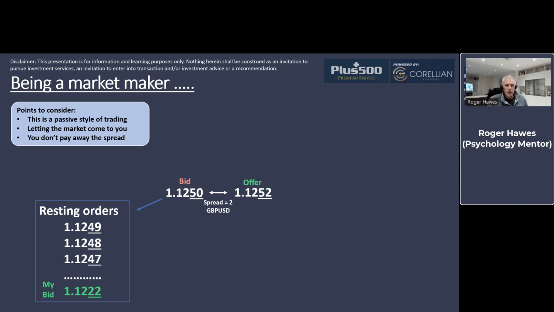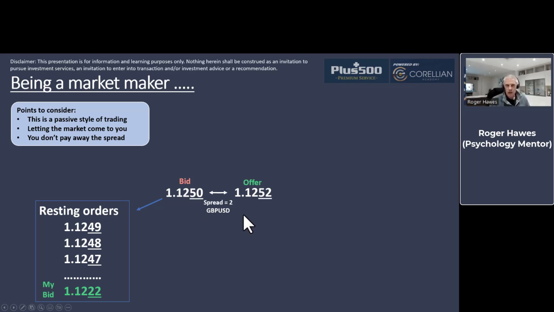So I'm going to start looking at the passive side of trading, and really this is if we were adopting a kind of market maker style. As we see here, just on the simple bid offer price that we look at every day, I have widened this just for ease of example. And this looks a little bit like a sterling dollar price. We have the left-hand side bid where someone in the market, a market maker, is prepared to pay for sterling and sell dollars, and that's at 112.50.